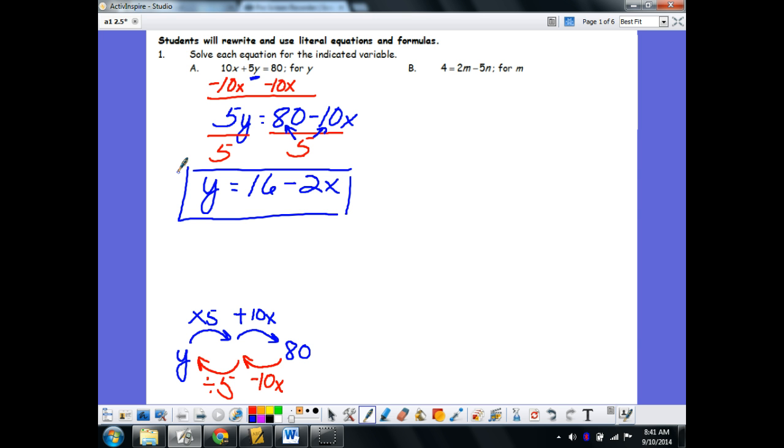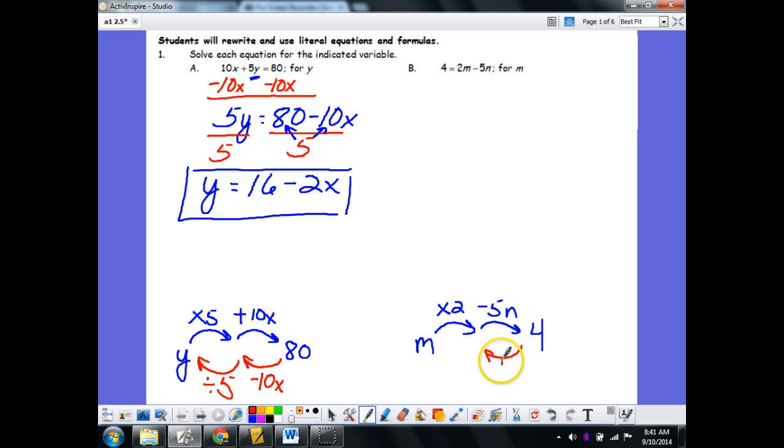In the second one, we're going to do the same thing, except we're going to isolate the m. Perhaps doing the flow chart to help, think order of operations, what's going on with the m. We are multiplying by 2, and then subtracting 5n, and we're getting 4 for a result. So we are going to work backwards.